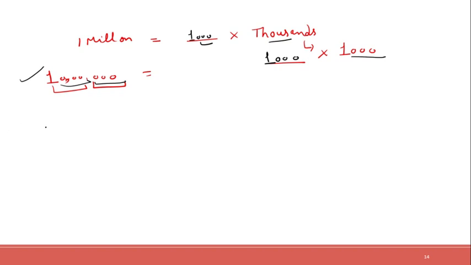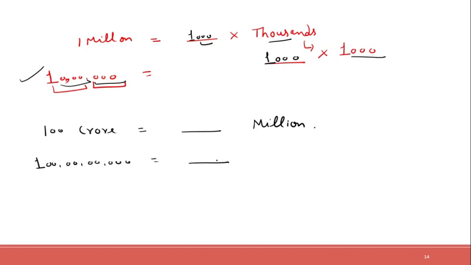Now tell me, 100 crore is equal to dash million. How will you calculate? Just write 100 crore here. If you want to check, just check it. Ones, tens, 100, 1000, 10,000, lakh, 10 lakh, crore, 10 crore, and 100 crore.